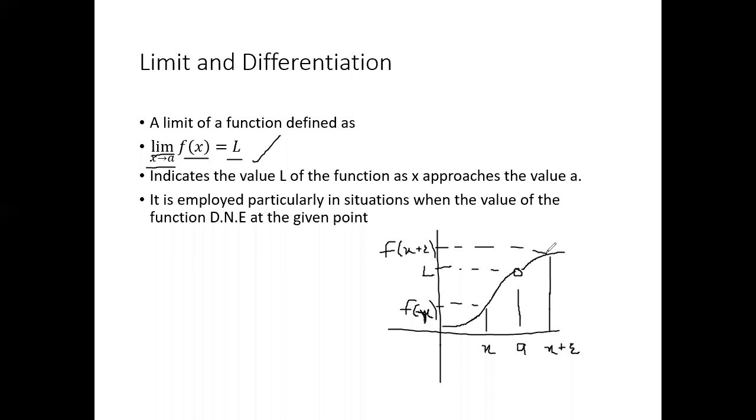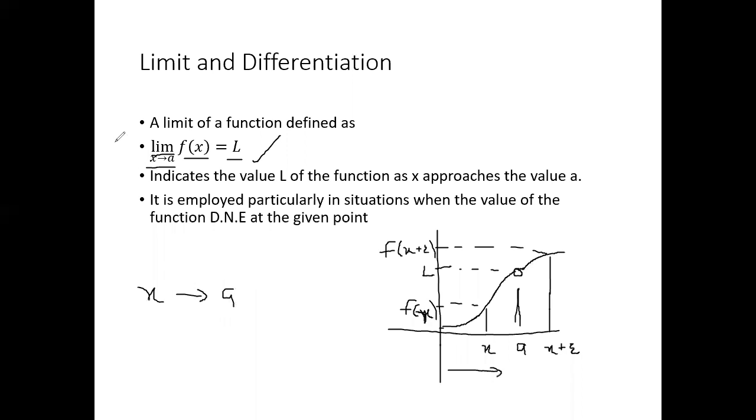So what do we mean by the limit of f of x? This is the function. The function is the curve. Now, when we talk about the limit of the function, then we mean the behavior of the curve as we approach a certain point a on the x-axis. That is why we have x approaching a.